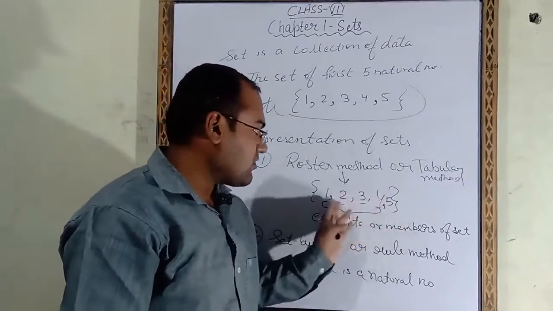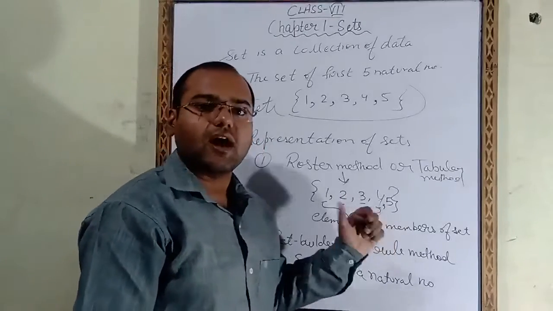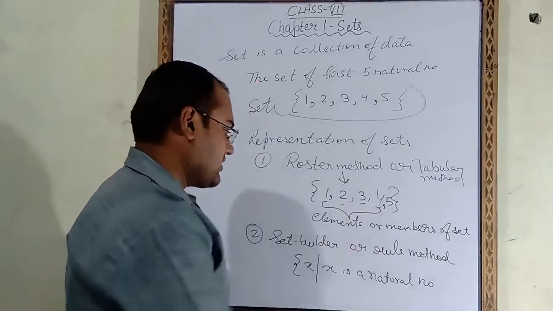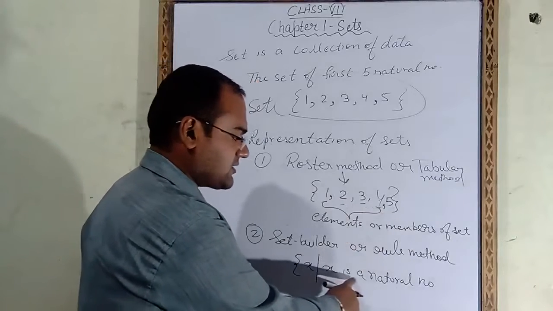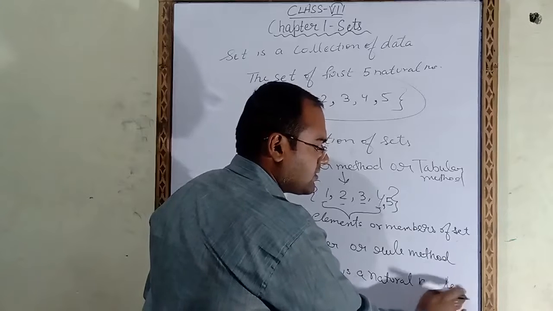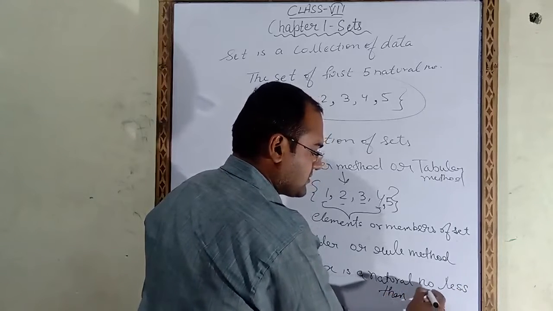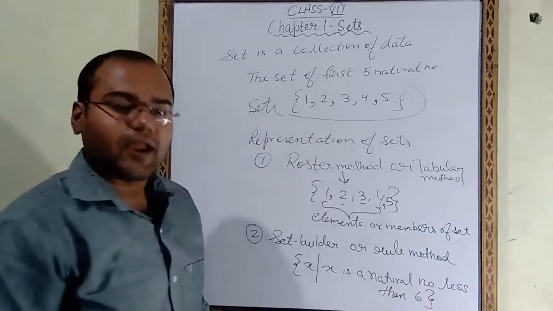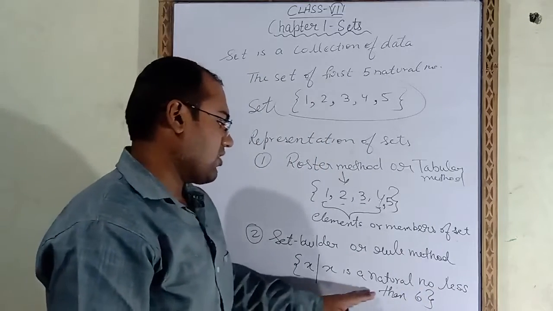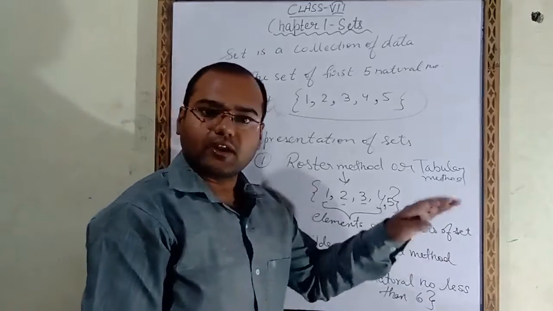What is the last value here? The last value is 5. That means these natural numbers are all less than 6. So the set is {x : x is a natural number less than 6}, and we close the bracket. This method of representation is called the set builder or rule method.